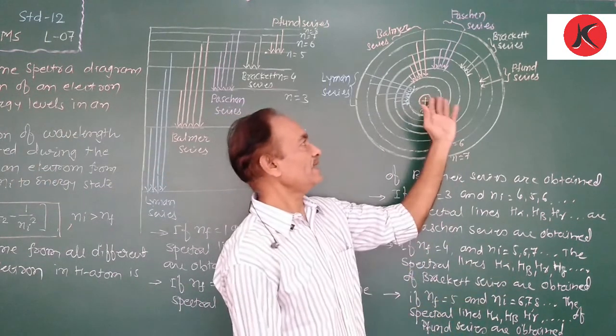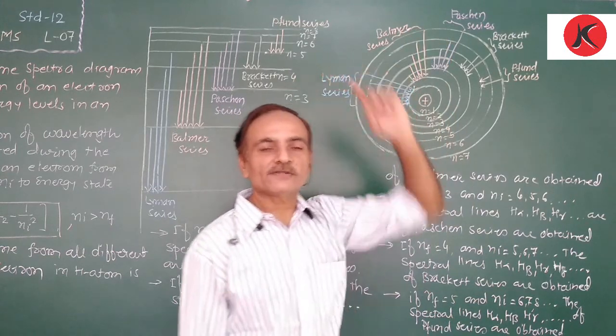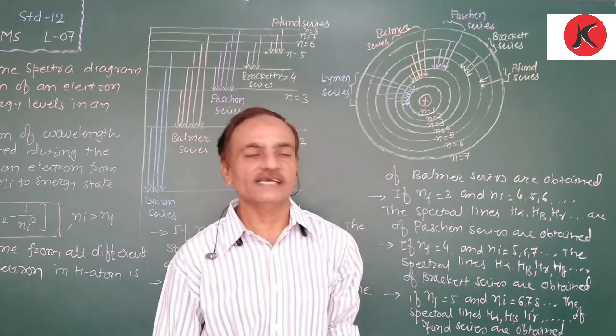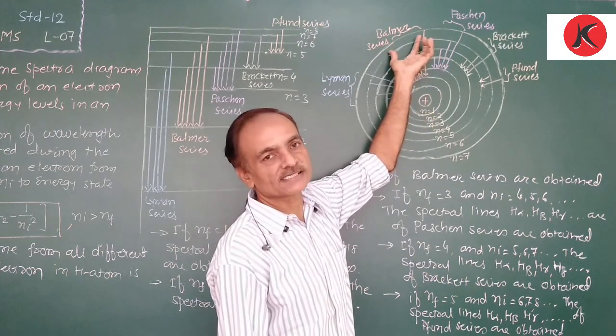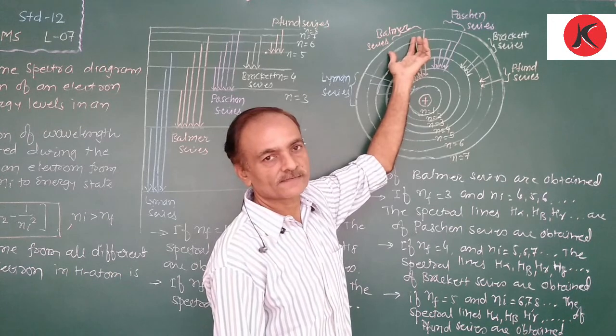Right? In a similar way, when the electron makes the transition from any orbit to the second orbit, the wavelength of the light emitted is in the Balmer series, that means in the visible region.